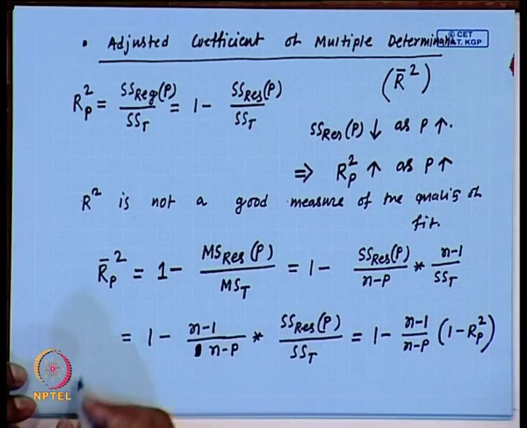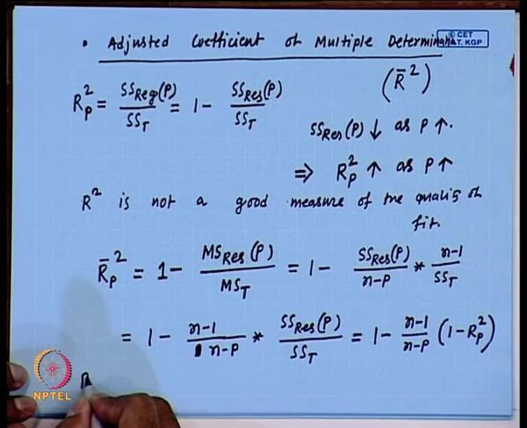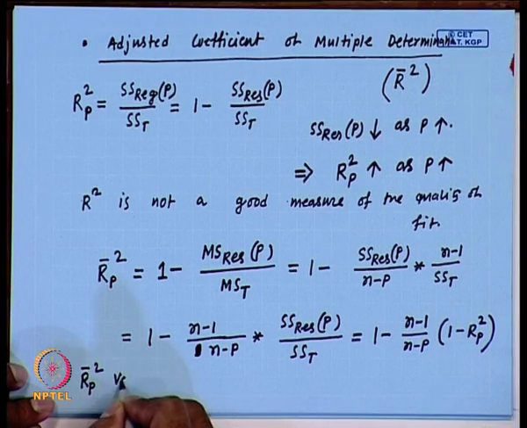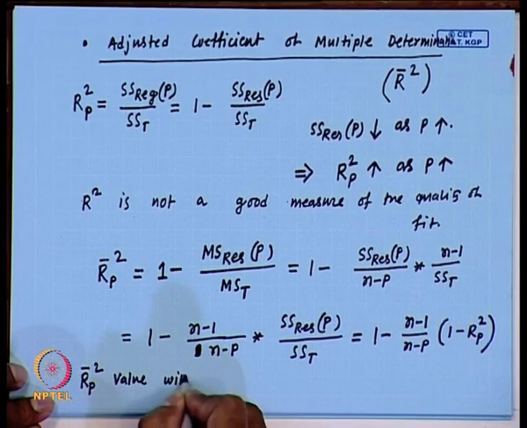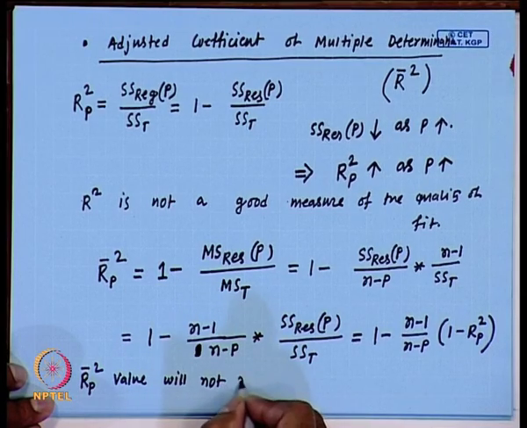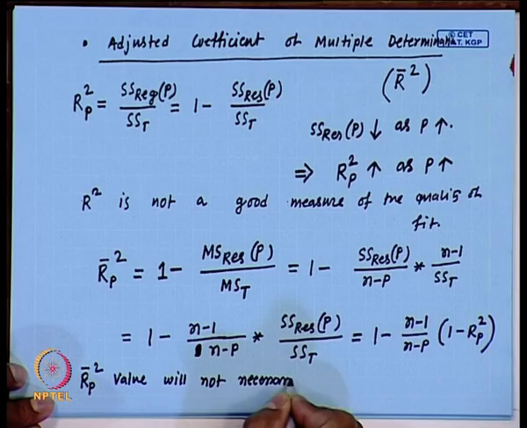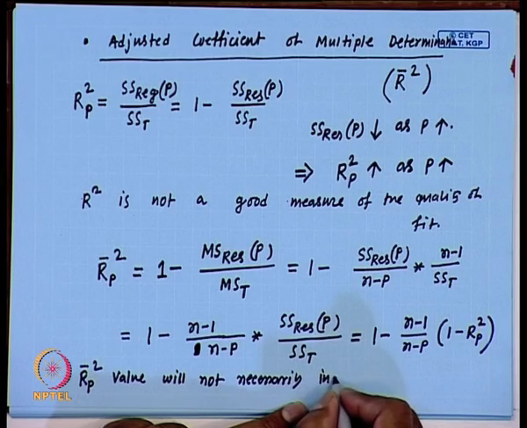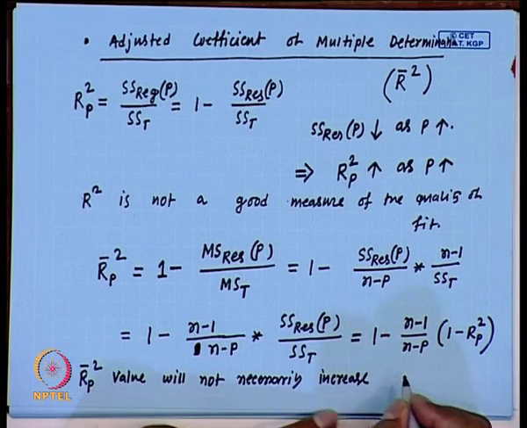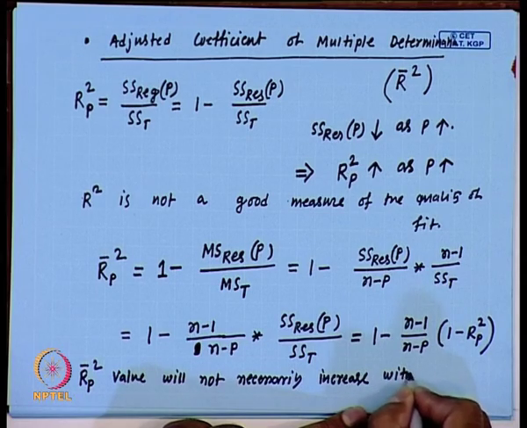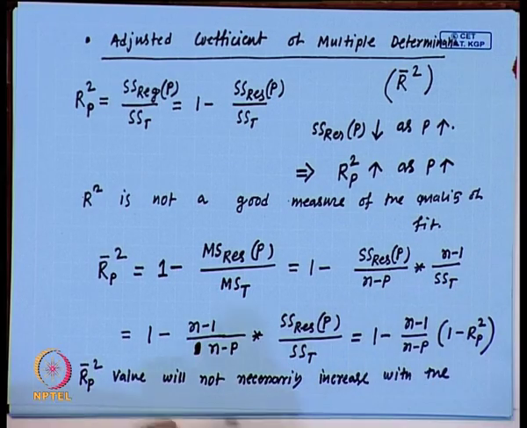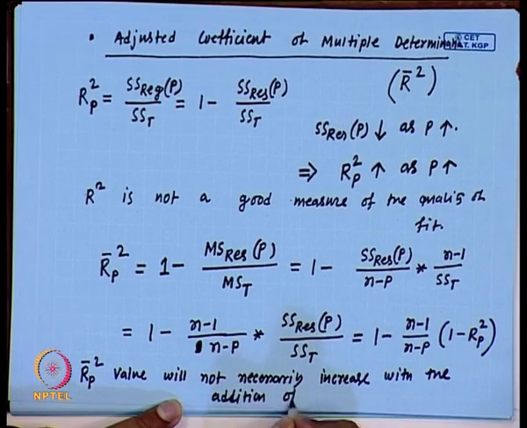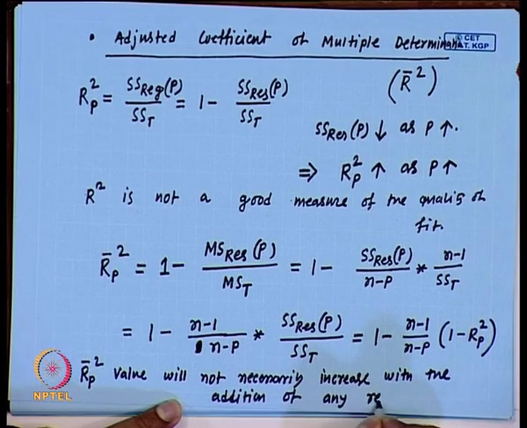So, from there you can observe that the R p bar square value will not necessarily increase with the addition of any regressor.